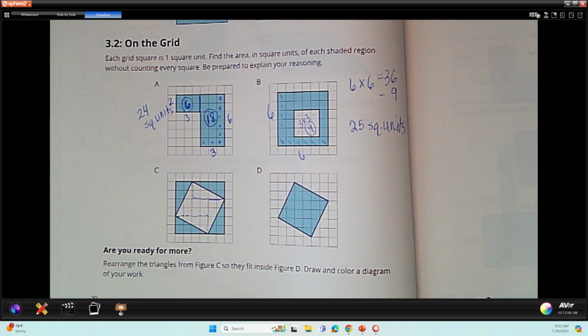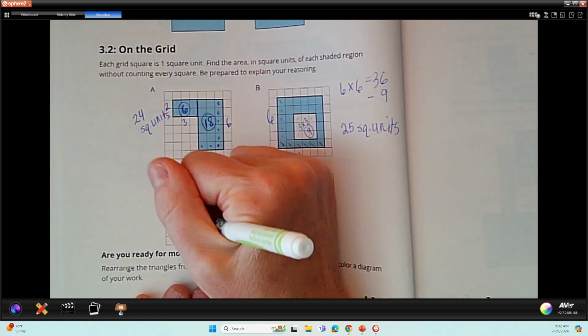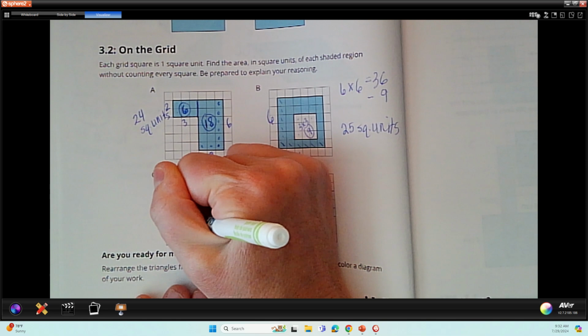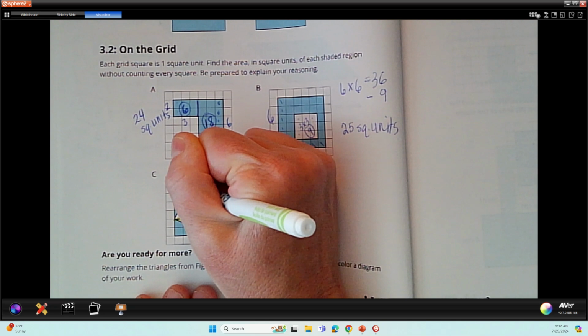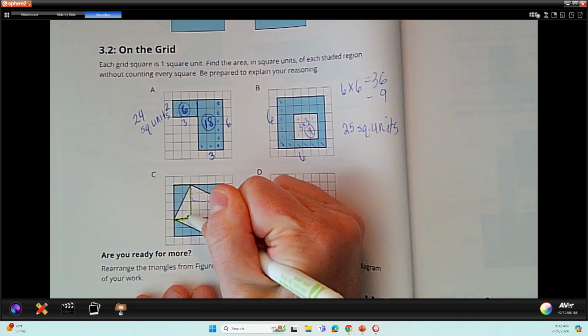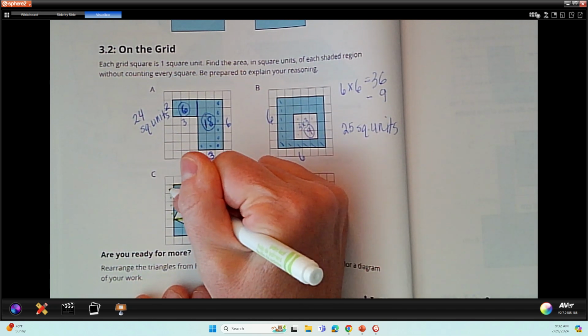Now we can find the area of each one of those rectangles and put them together, or we can find the triangles. So I'm going to actually use a highlighter, and I'm just going to go, here's the 1. So I know that the base is 2 and the height is 1, 2, 3, 4.